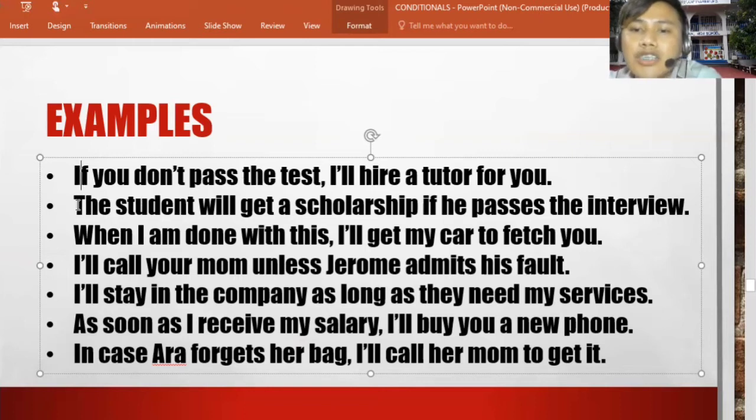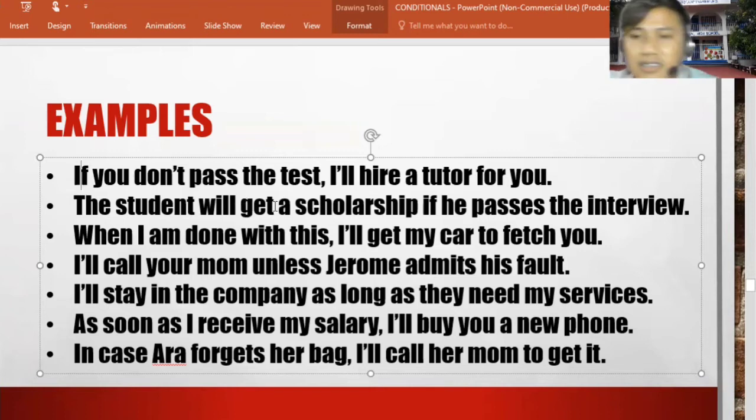Next is: the student will get a scholarship if he passes the interview. In this case, we can easily notice that the main clause comes first before the if clause. That's why there's no comma at all in our sentence. So we have here the will, plus our verb get.